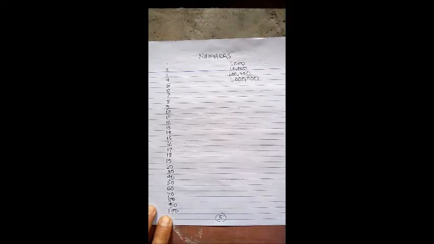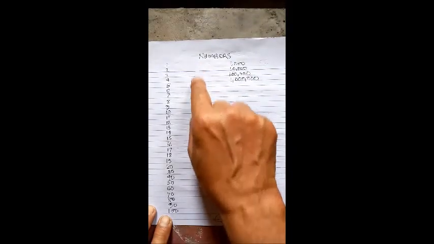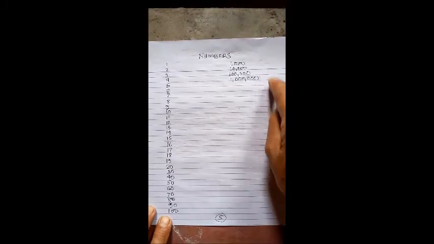Your assignment will be to write the English words here so that you will be familiar with how it is being spelled, and so it will be easier to memorize too.